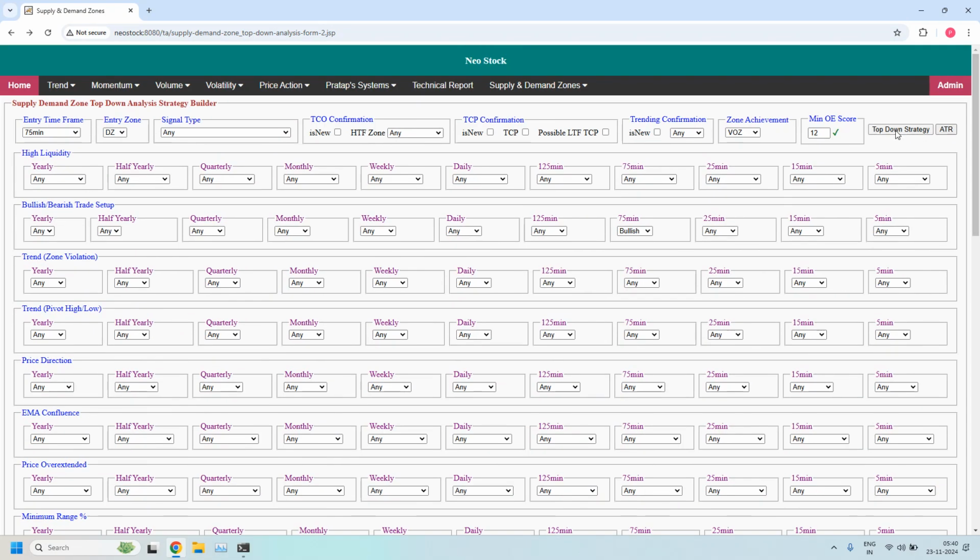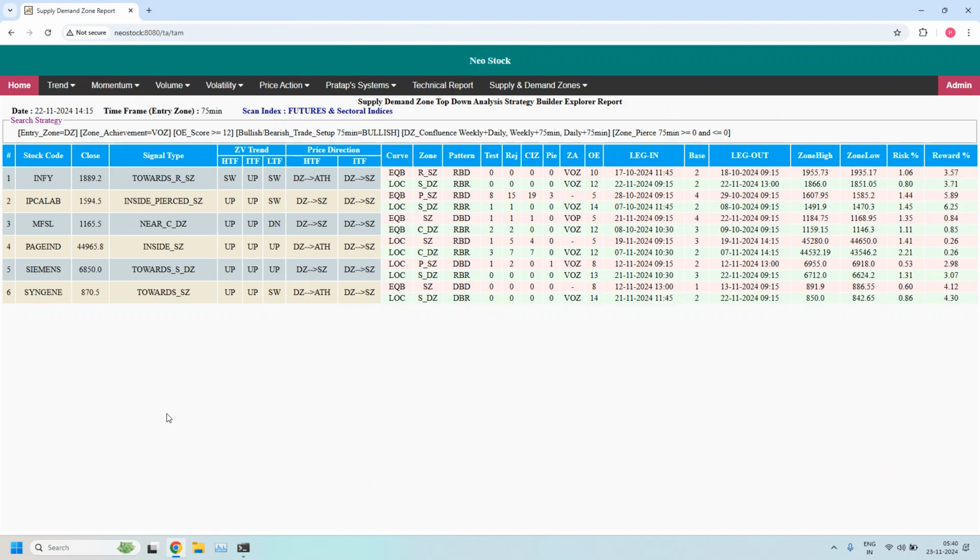With all the 3 filters, we got 6 stocks. All these 6 stocks are part of the daily zone, 75 and daily together again part of the weekly demand zone. And weekly trend is up in all these stocks except the first one, NIFTY, but NIFTY is already having daily EMA confluence. And the remaining stocks in uptrend, if they are having weekly EMA confluence, they are even more high probability setup supported stocks.